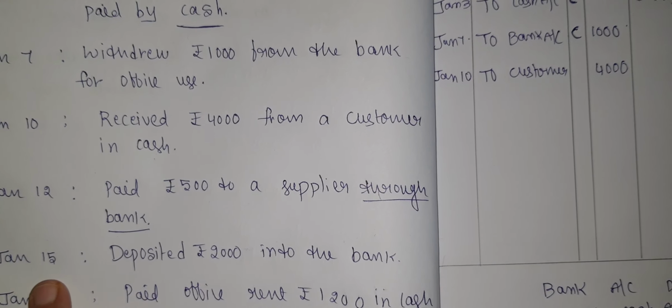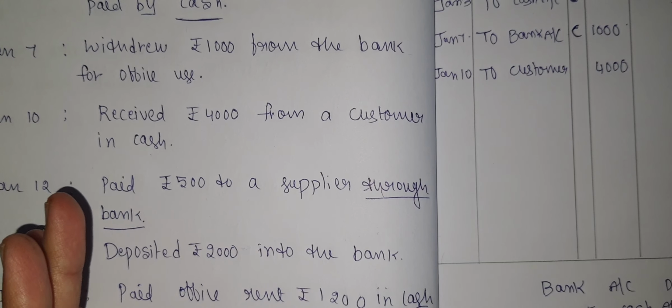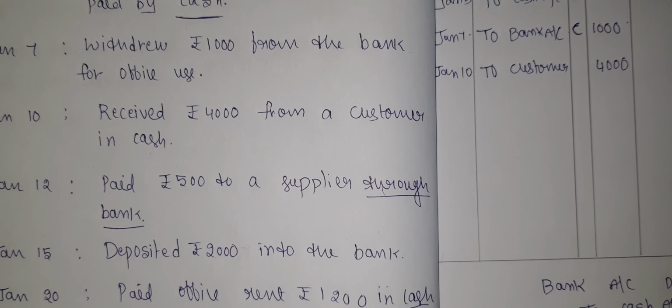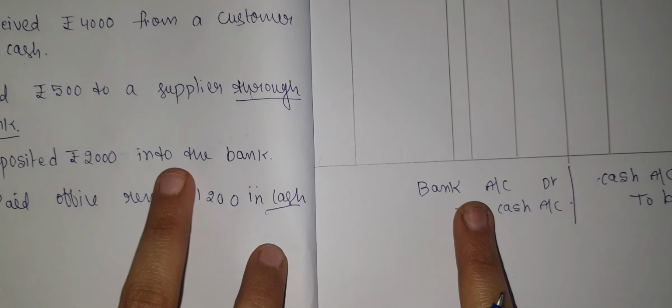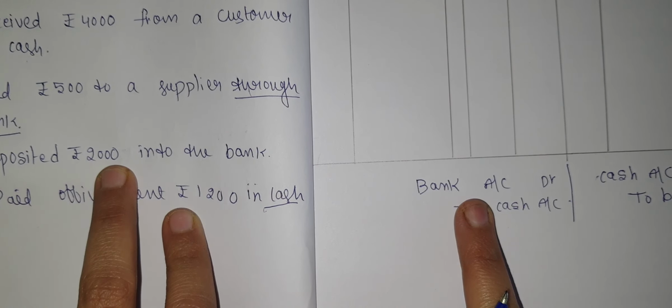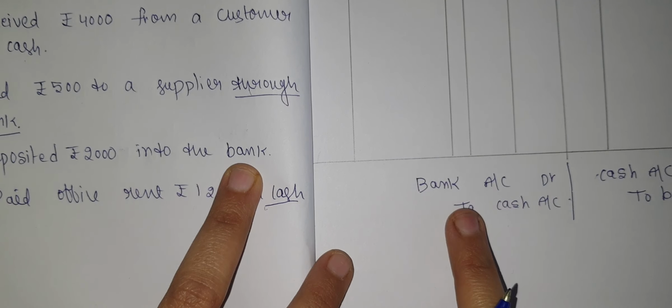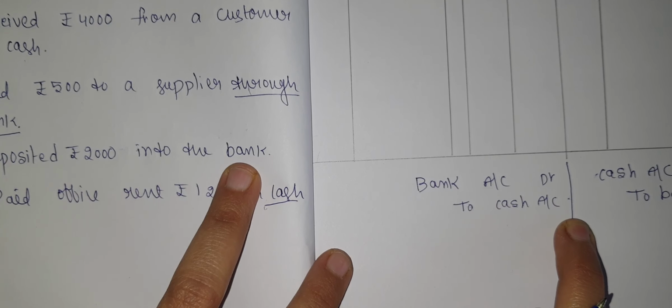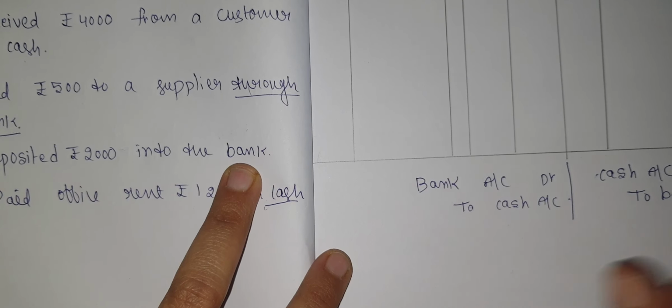Next one, January 15, deposited rupees 2000 into the bank. See again, contra entry. I have already written the entry, that is deposited rupees 2000 into the bank. So, the entry is bank account debtor to cash account. Here cash account is credited.